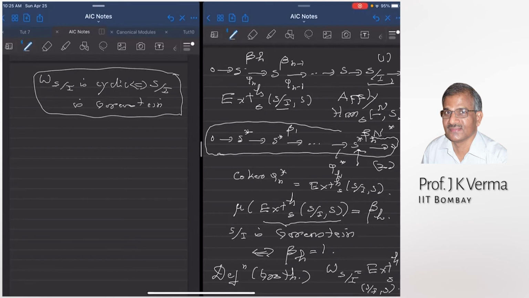The approach that I will follow is more or less axiomatic, and from some axiomatic characterization, it will come out that this is the canonical module of S mod I, Ext of S mod I, S. So if you know how to calculate a minimal free resolution, you can detect when S mod I is Gorenstein. That is one of the reasons why people try to construct a minimal free resolution, because it gives information on S mod I. Any questions so far?